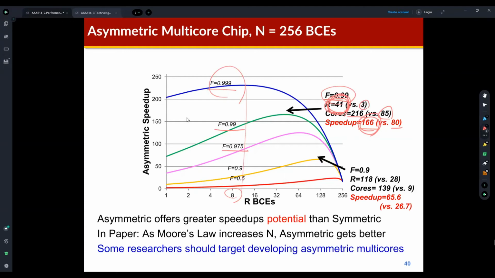So actually, the main constraint was the power consumption. But if we just consider the performance using the very simple Amdahl's law, we can see some benefits from this heterogeneous multi-core architecture. Okay, like this.